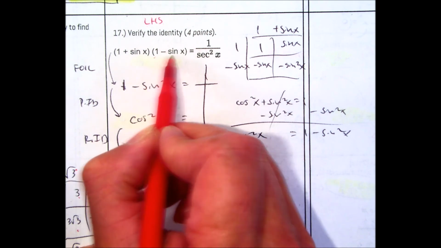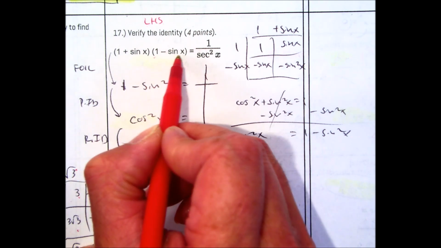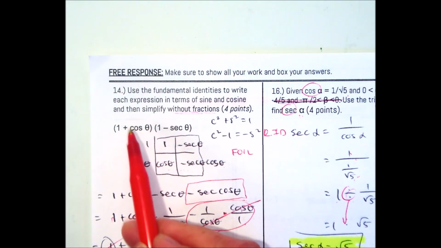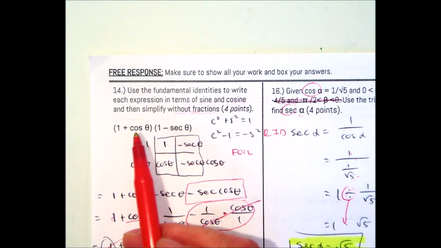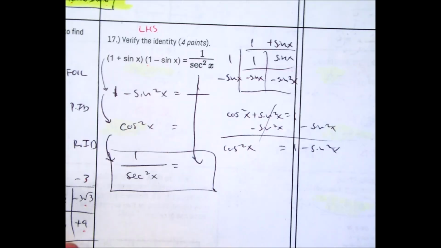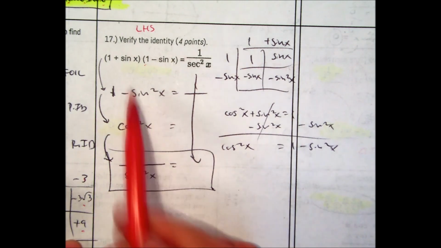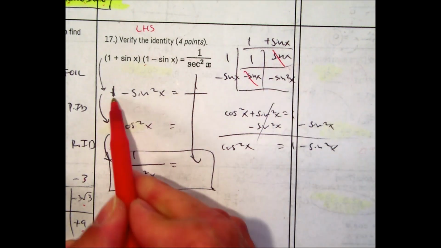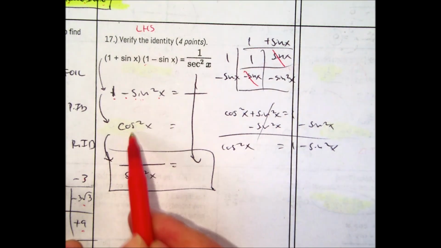And this is not the Pythagorean identity because it's not to the power of 2. Even up here, you can't just start throwing powers of 2 wherever you want. It'd be wonderful if they did powers of 2 to my bank account, but it doesn't work that way. Here, if you did FOIL, you'll notice that the middle terms will cancel, and you're left with 1 minus sine squared x, which is the Pythagorean identity.